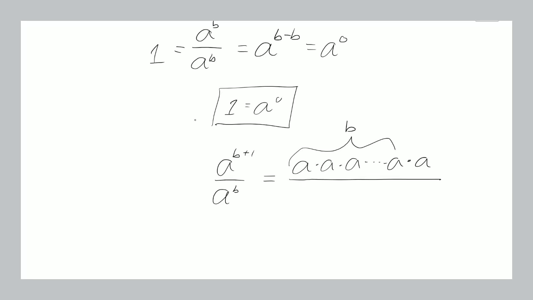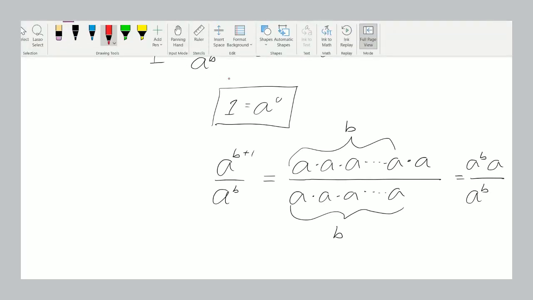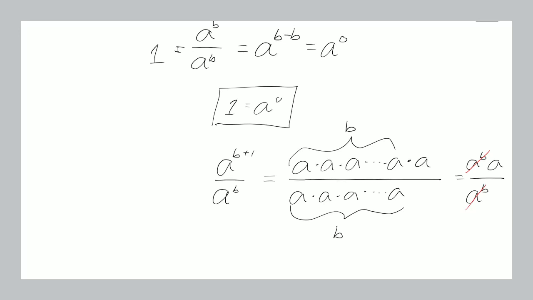How many do you have? B plus 1, right? So there's your b and there's your plus 1. And in the bottom, you just have b of them. Well, so that a to the power of b times a is divided by a to the power of b. Well, the a to the power b's are going to cancel out, and you're just left with a.